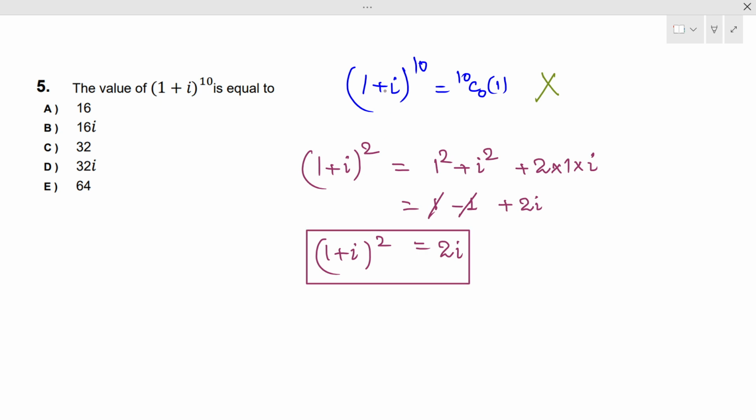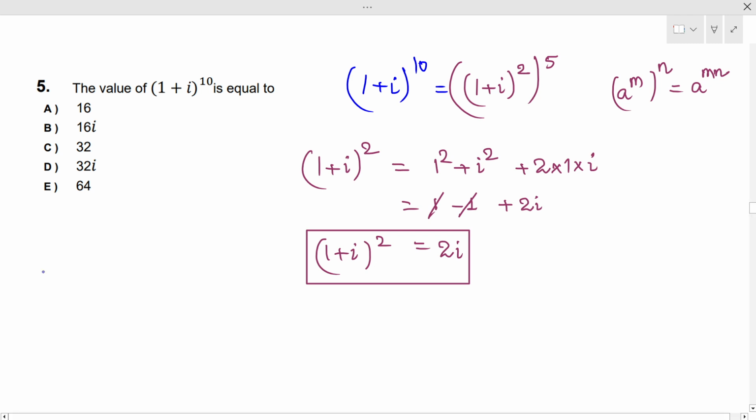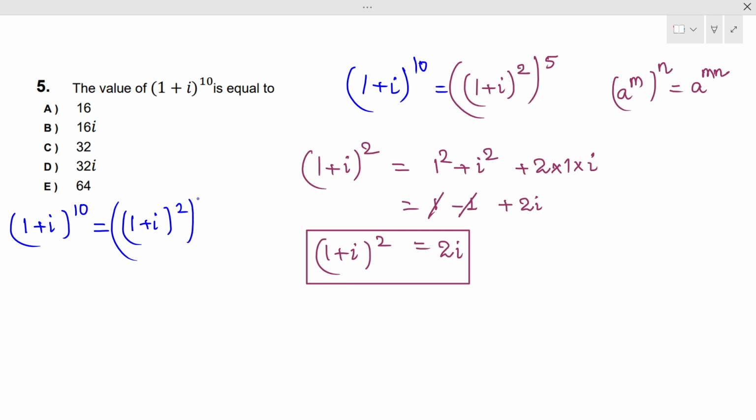Now they are asking you for this. So (1 plus iota) to the power 10 means (1 plus iota) squared whole to the power 5, because we know that a raised to the power m, whole raised to n, is equal to a to the power mn, right? Yes, so now we will just find it. (1 plus iota) to the power 10 is (1 plus iota) squared whole to the power 5.